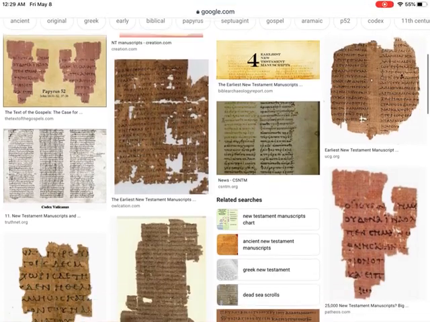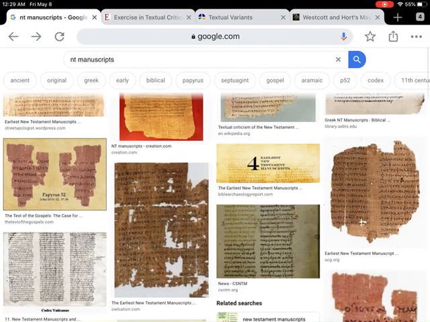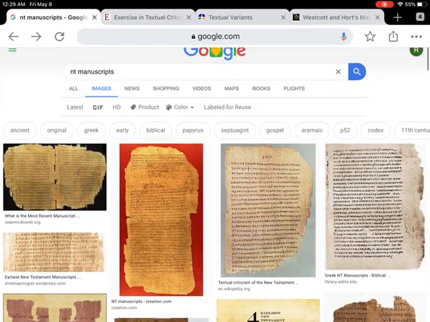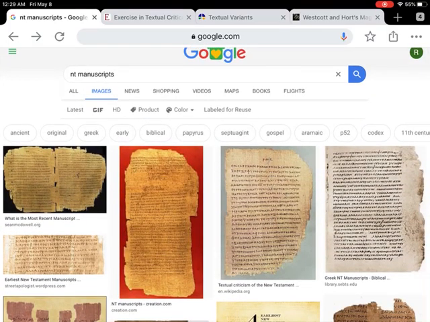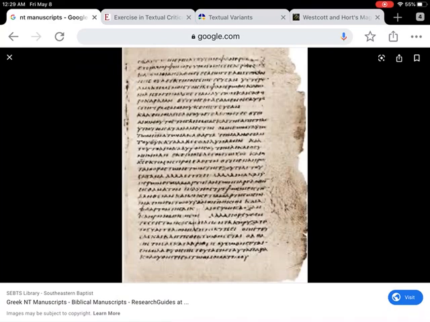Others are very tattered and ripped. And what you find when you compare these, there's about 5,000 of them in existence to date, is you notice a couple things. First of all, it's important to notice that there are no spaces between words, and it's all in capital letters.